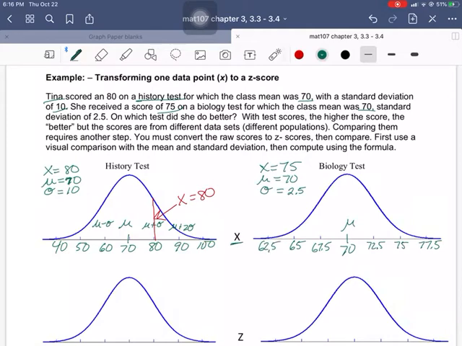Okay, so her score is 75 on this, so that's here. Sorry, that jingling is my dog's collar in the background. 75 was her score on the biology test. So because of the standard deviations, they end up in a different place.